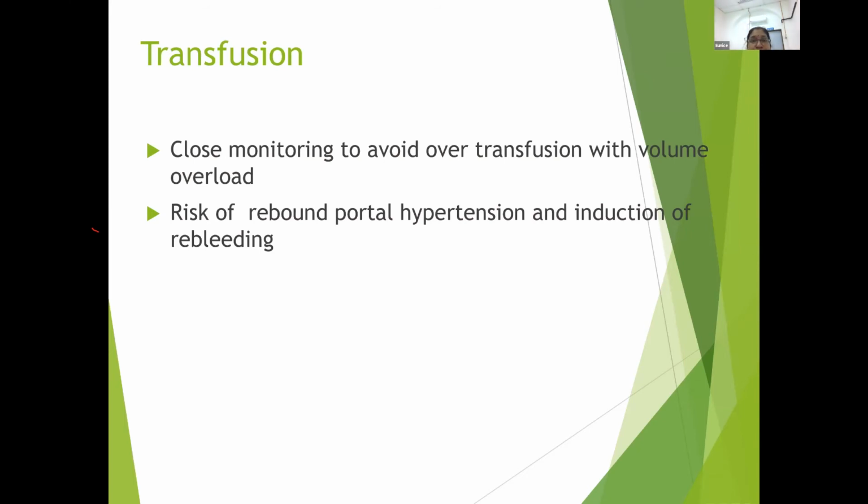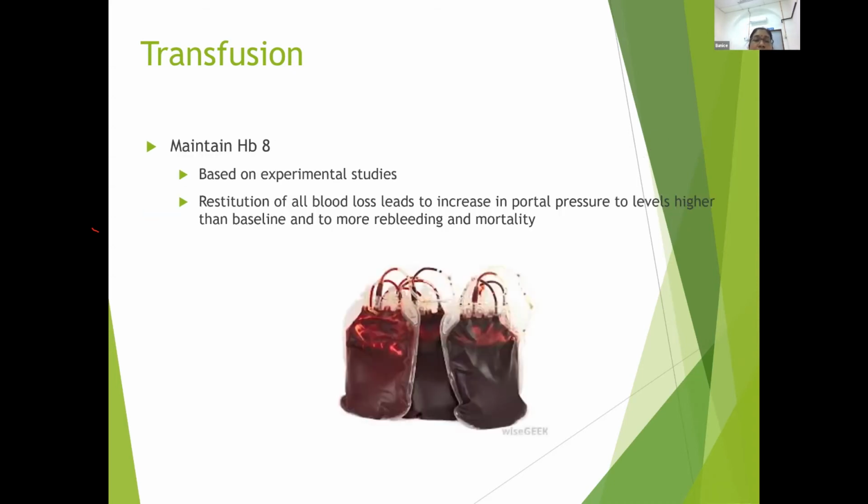Blood transfusion: close monitoring is needed to avoid over-transfusion with volume overload. Okay. If we over-transfuse, there is a risk of rebound portal hypertension and induction of rebleeding. So we have to be very cautious with blood transfusion. Okay, we should maintain Hb at 8.